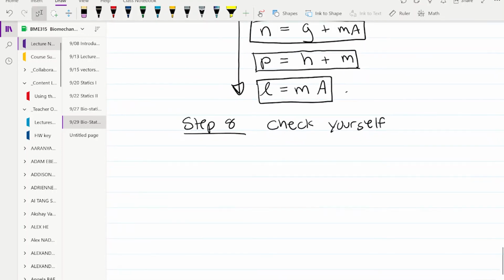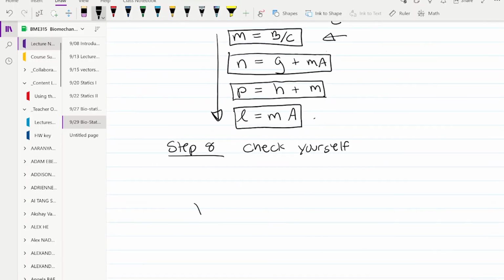So in step 8, say all these things were numbers. You go ahead, come back to whatever you draw.